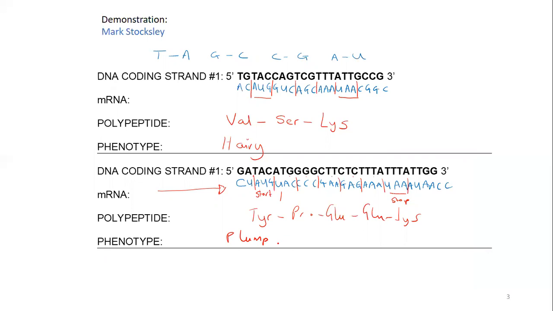All you have to do each time is transcribe into the mRNA using the sequence code that I gave you at the top, and then remember to look for the start codon and delineate your reading frame of 3 bases, nucleotides, to set each codon. Then read the codons off the chart the way I just showed you to get the polypeptide and then get the phenotype. And it's as simple as that.